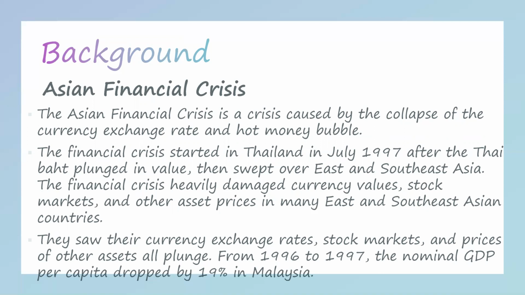The crisis heavily damaged currency values, stock markets, and other asset prices in many East and Southeast Asian countries. They saw their currency exchange rates, stock markets, and prices of other assets all plunge. From 1996 to 1997, the nominal GDP per capita dropped by 19% in Malaysia.